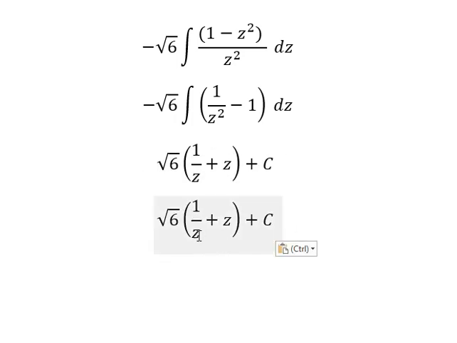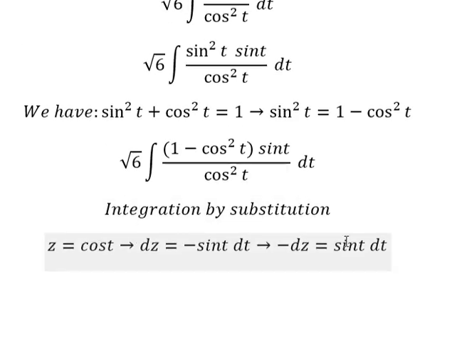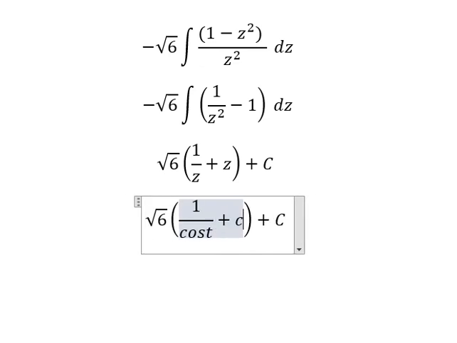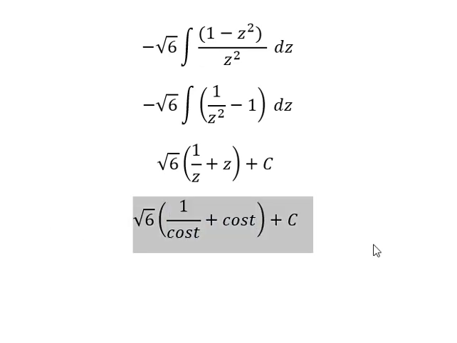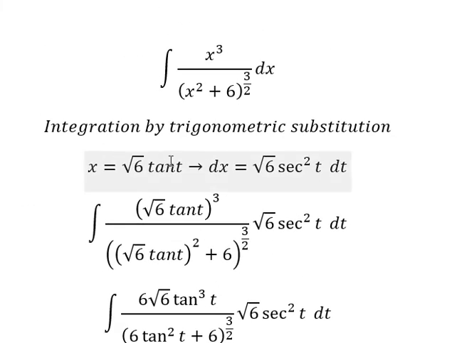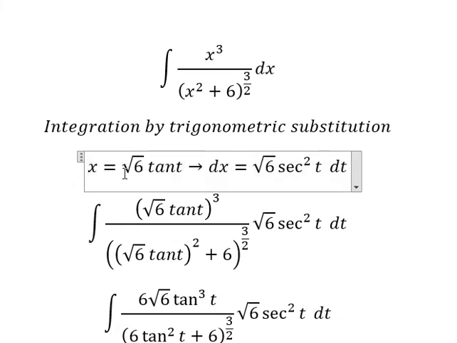About z, that is cosine t. About t, that is this one. So we divide both sides by the square root of 6.